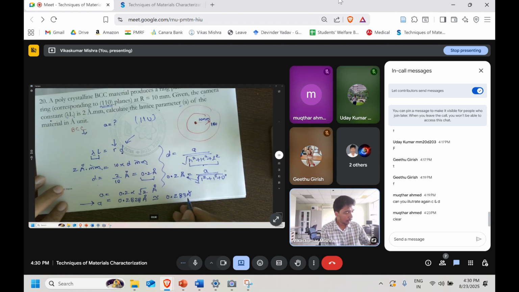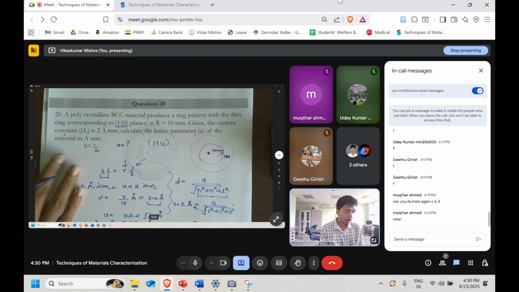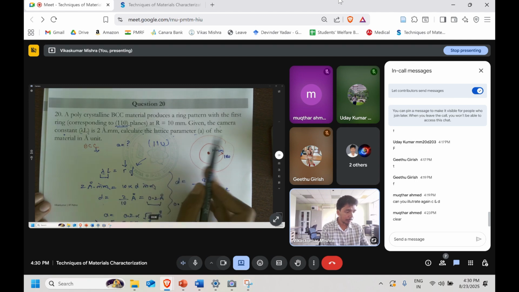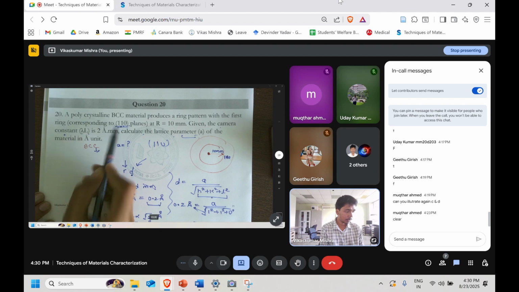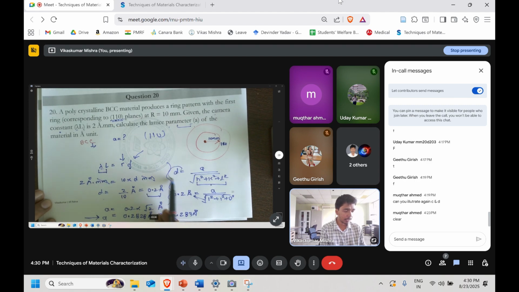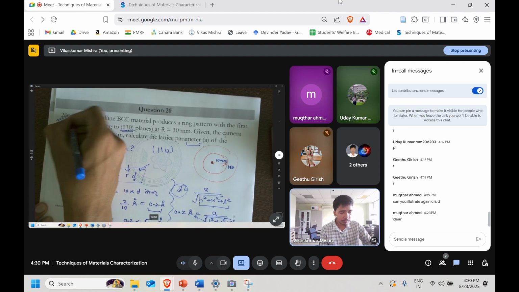Okay, so this is how we have to solve this type of question. If the lattice parameter is asked, then the plane will be given to you. Using this, you just need to find the d spacing. The d spacing you can find using this particular equation. So this is all, question number 20 we have solved.